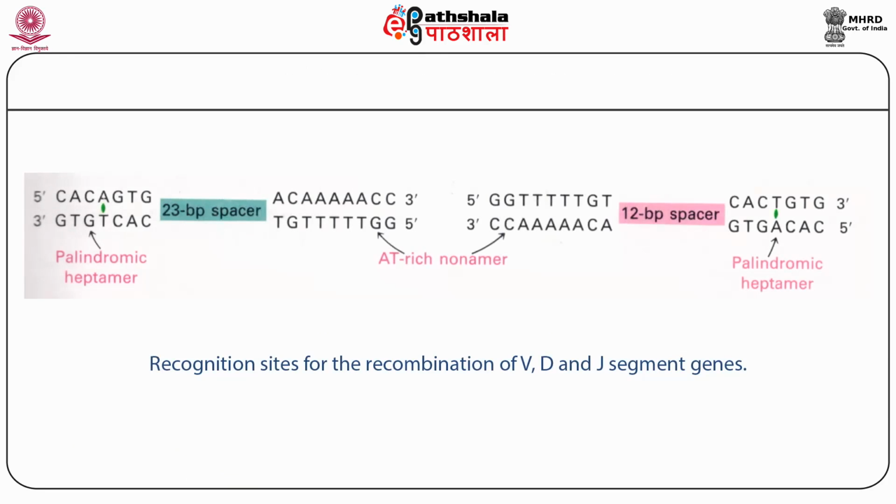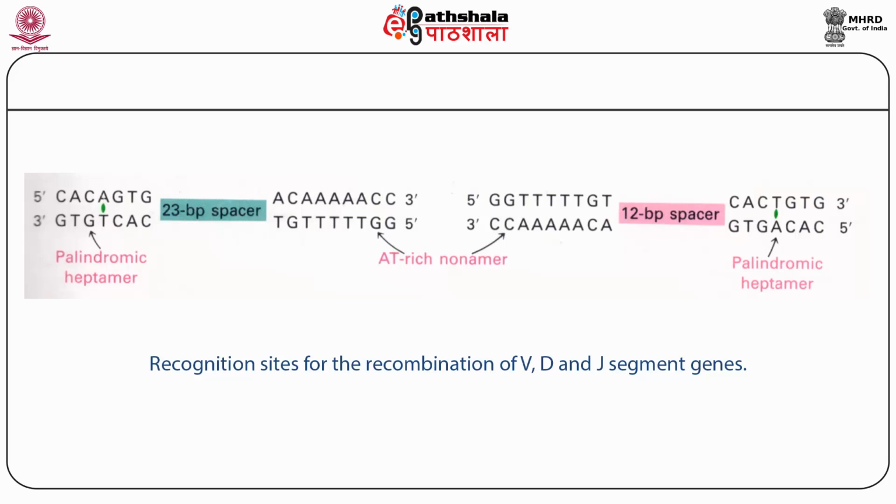The enzymes which mediate the site-specific recombination of V, D and J gene segments actually recognize flanking sequences around these segments. The recognition elements are palindromic heptamers with 23 base pair or 12 base pair spacers.